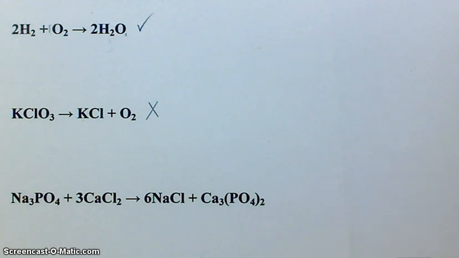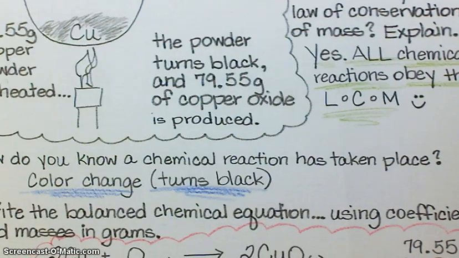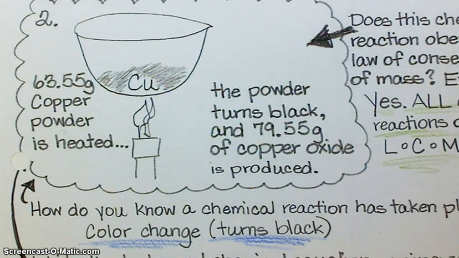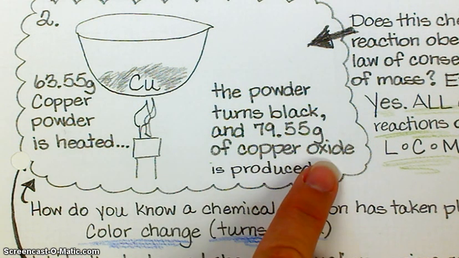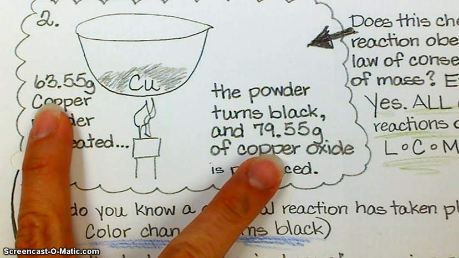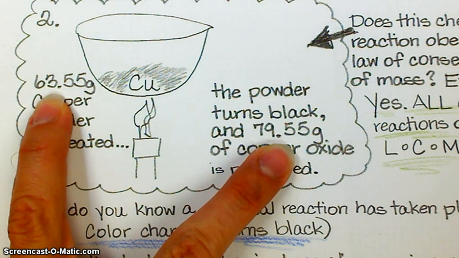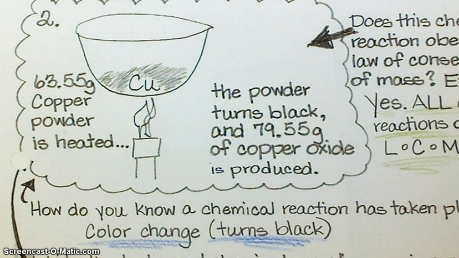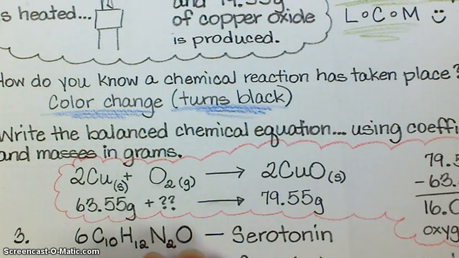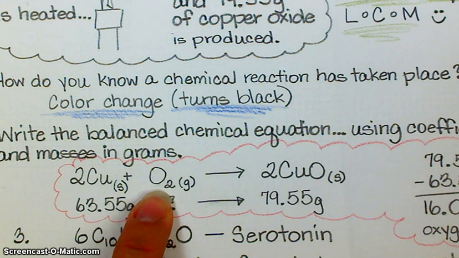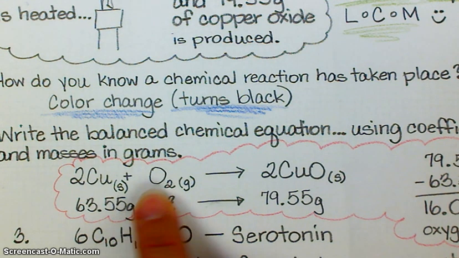Just a couple more things about law of conservation of mass. I don't know if you guys remember this bell work from way back when, but I gave you this situation where you had copper powder being heated and all of a sudden you had copper oxide, and it appeared that you just magically had mass gained from nowhere, but you didn't. What happened was you had copper reacting with oxygen gas from the air to form that product.